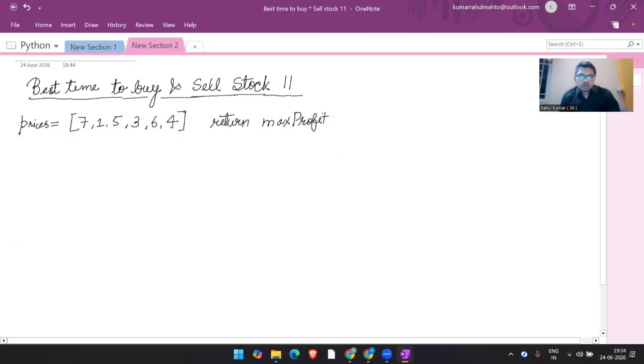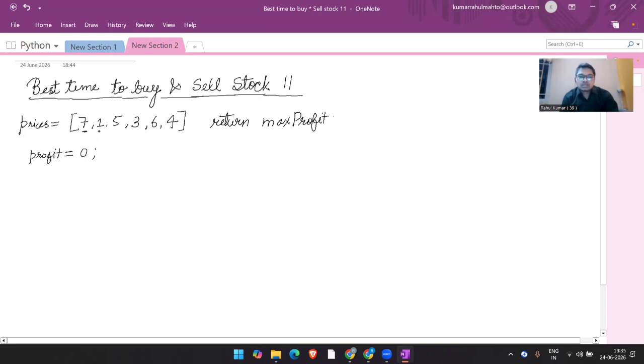What I'll do here is, first of all, define an int variable, profit, and currently I will assign it 0. Now suppose at this moment I have bought this particular stock. Now I need to sell this stock on the next day.